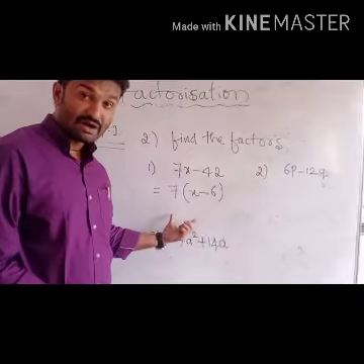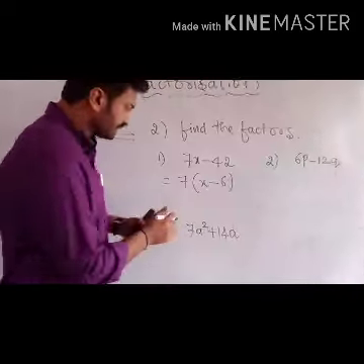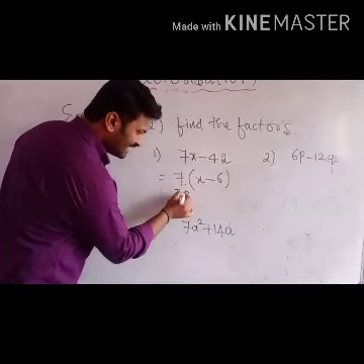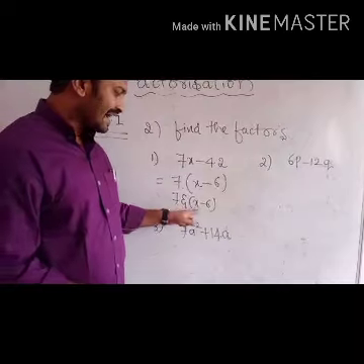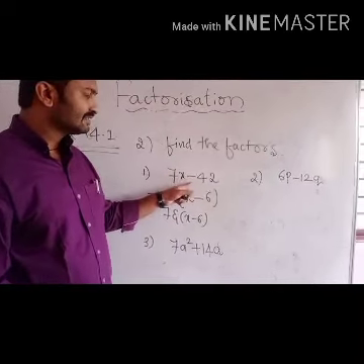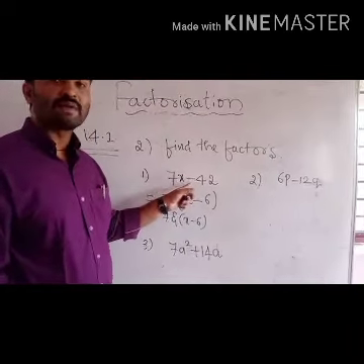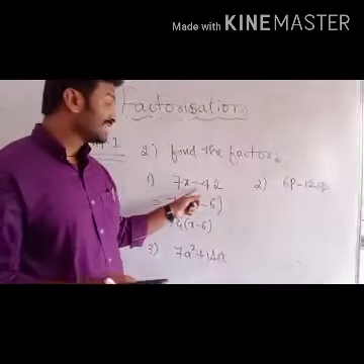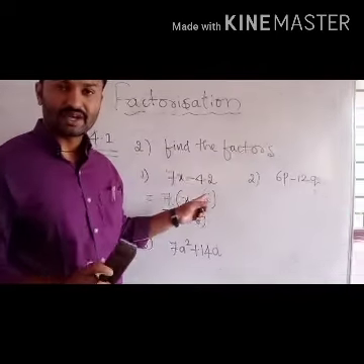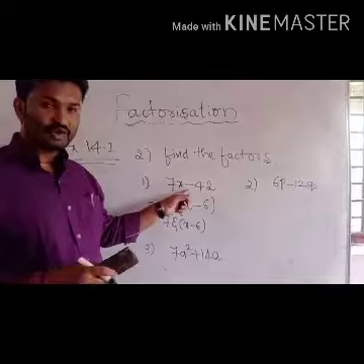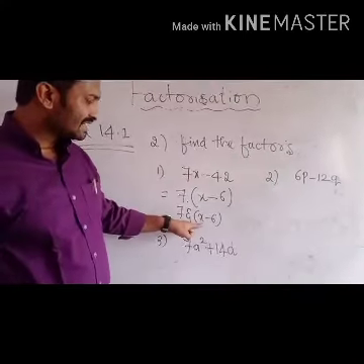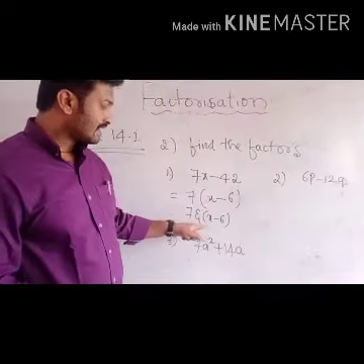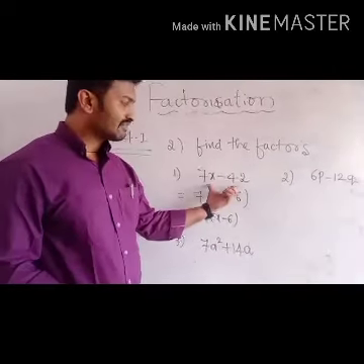What did we get now? Find the factors. 7 and x minus 6 are the factors of this given binomial.